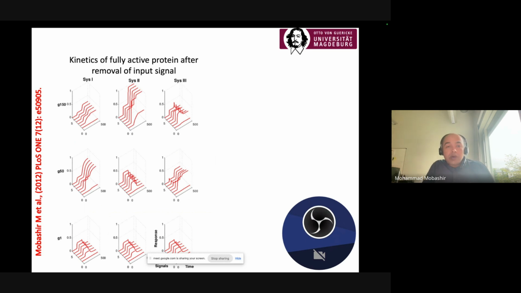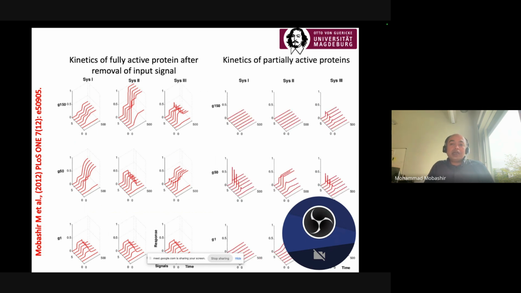But there are some networks which show a further increase in the output response, as you can see in generation 150 in system 1 and system 2, and also in generation 50 in system 1 and system 3. So here again we are going for partially active.